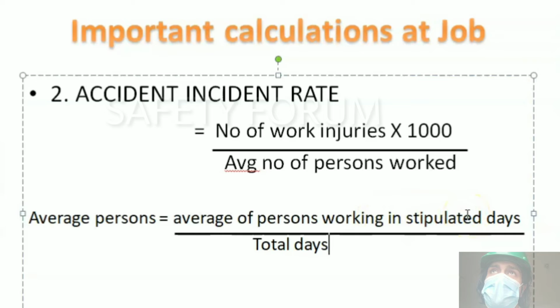How will you calculate it? 100 plus 50 plus whatever, up to 26, you add them and divide by 26, right? So you will be getting the average persons, and this average persons you have to implement in this formula.